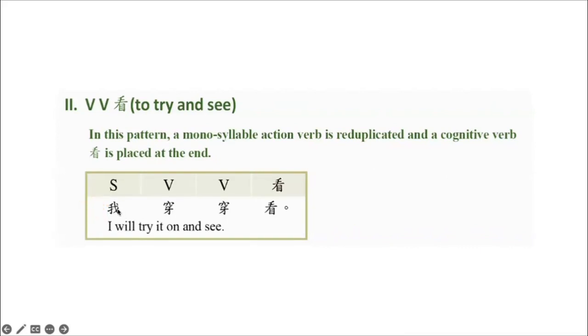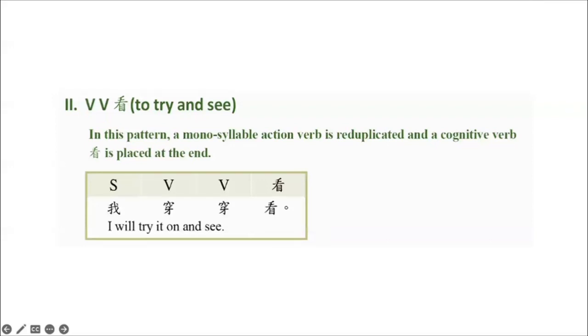This example, 我穿穿看，穿 means put on clothes. When I speak the sentence, I express the concept: I have never worn these clothes before, and now I want to do my first trial.